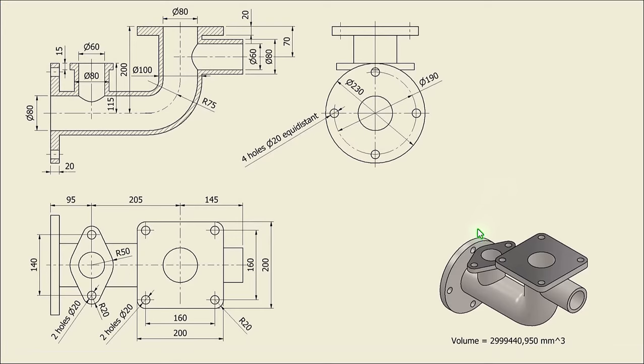Good. Then these two holes, 1, 2. This is 60 and this is also 60. Starting from this plane and this plane respectively. These are work planes.